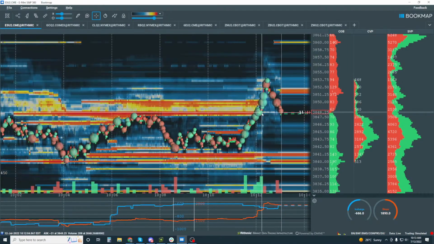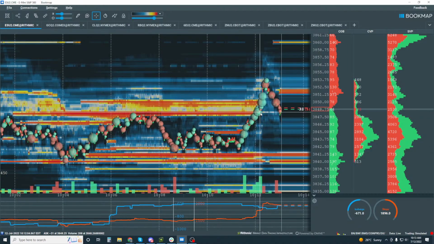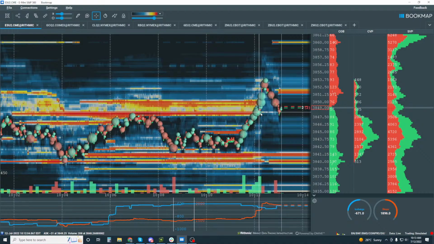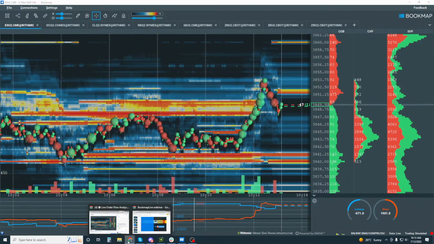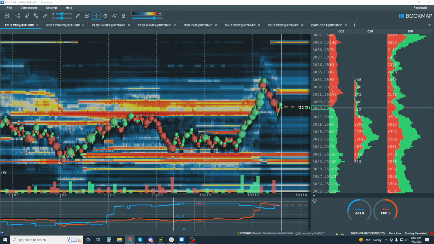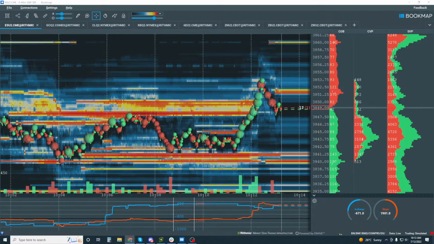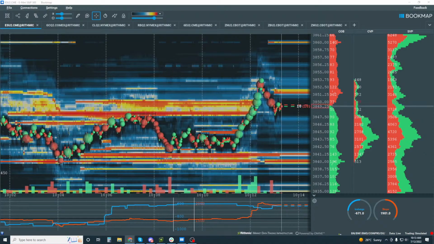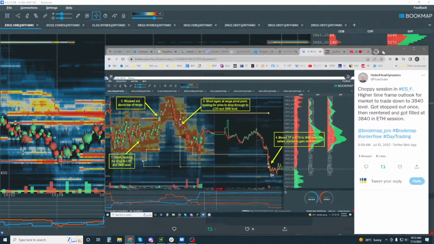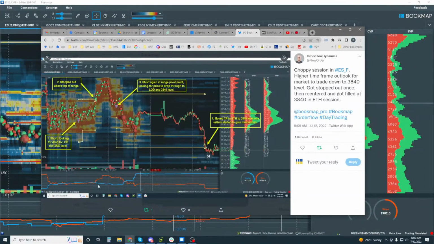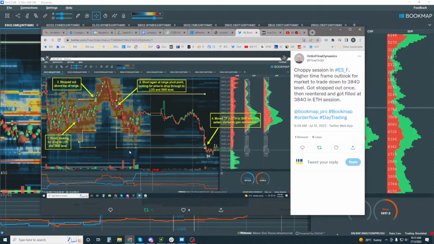Another thing that we noticed, let me show that tweet again, is worthy to cover here: the quite a bit of iceberg buying that we saw yesterday at the open on the way down, and then down at the close.